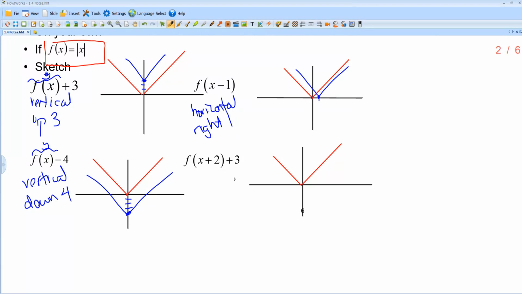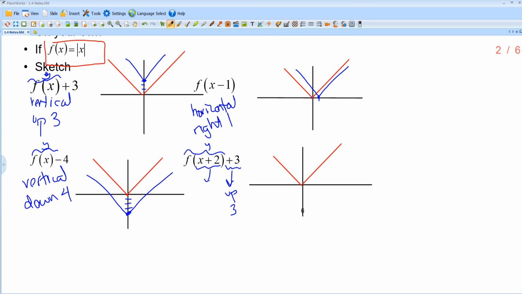Last, we've got 2 things going on here. This plus 3 is outside of the parentheses, and it's being done to the entire function, which means that's a shift up 3 units. The plus 2 is inside parentheses, which means it's happening to x.